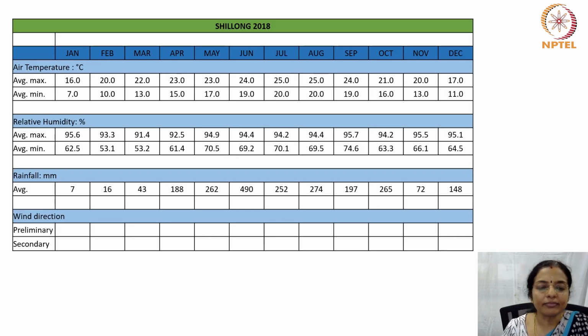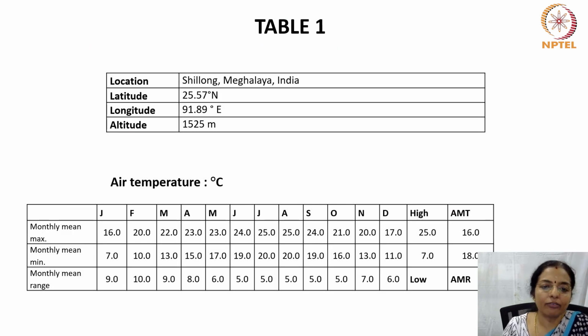Then I will move to Shillong. Shillong we will consider as a cold climate. For Shillong, I have got the climate data and I am entering that data. I have already entered the air temperature, monthly mean maximum, monthly mean minimum, monthly mean range.